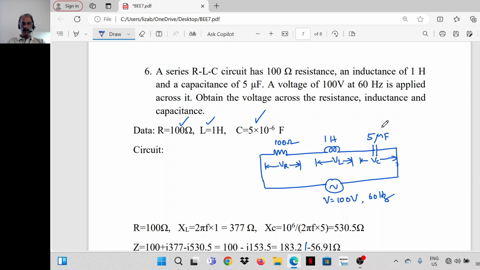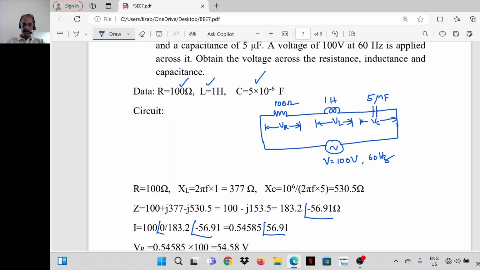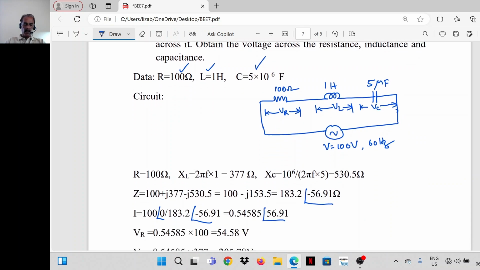The RMS value of the applied voltage is 100 volt, frequency 60 hertz. R is 100 ohm. Inductive reactance XL is 2 pi FL, L is 1 henry, so 2 pi F into 1.